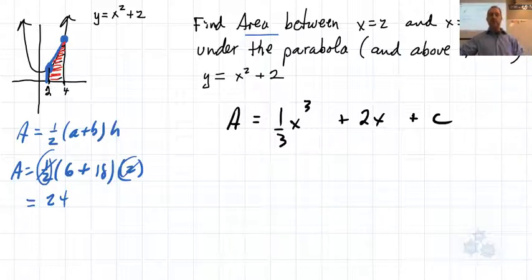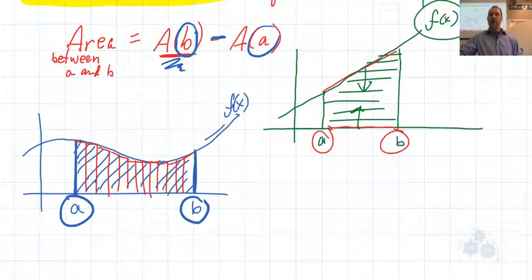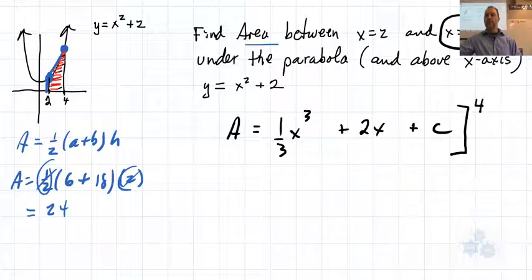So if I follow my rules, the area underneath the curve is this function evaluated at 4, and then subtract the value at 2.